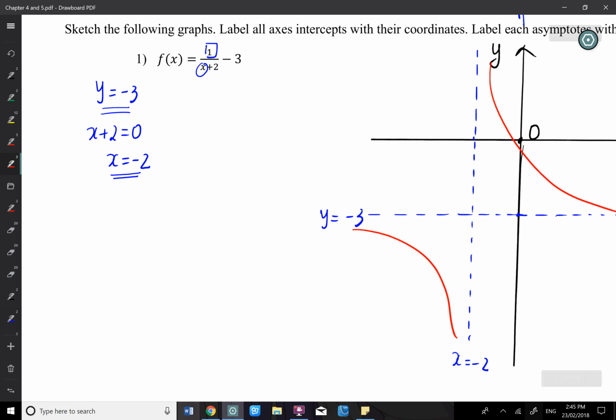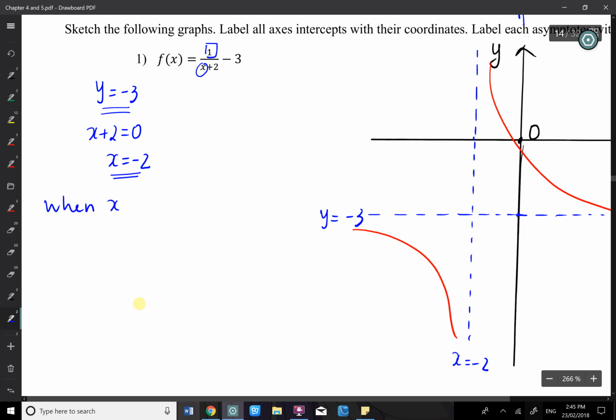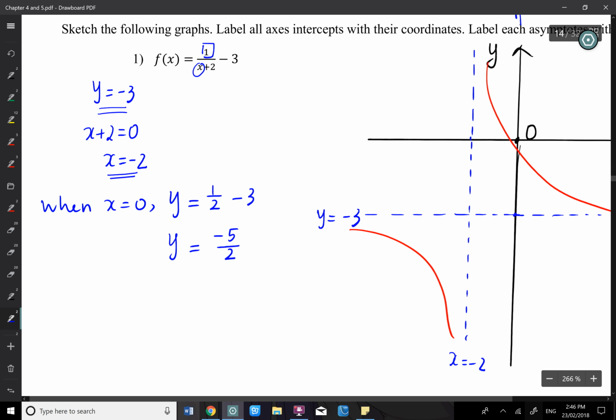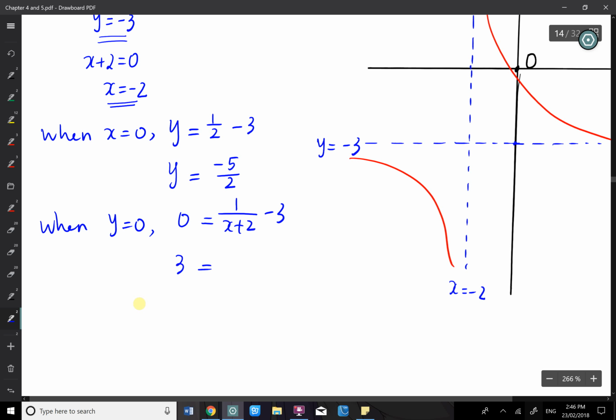When x equals 0, y equals 1/2 minus 3, so y equals -5/2. When y equals 0, 0 equals 1/(x plus 2) minus 3, so 3 equals 1/(x plus 2). 3x plus 6 equals 1, 3x equals -5, x equals -5/3.